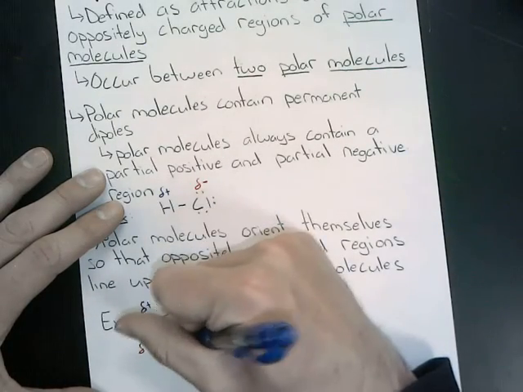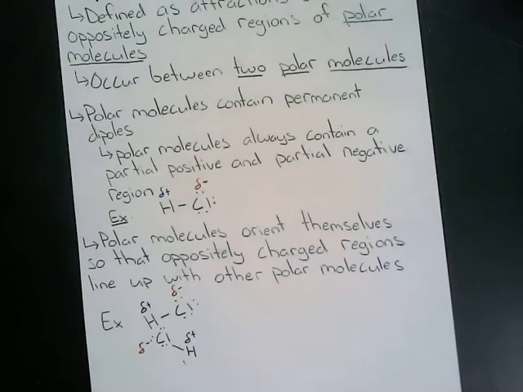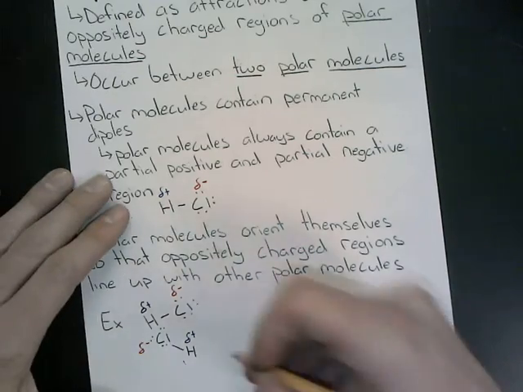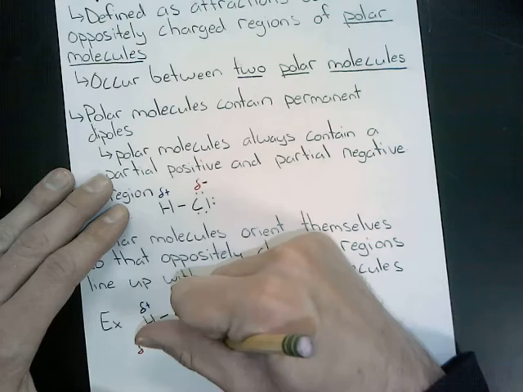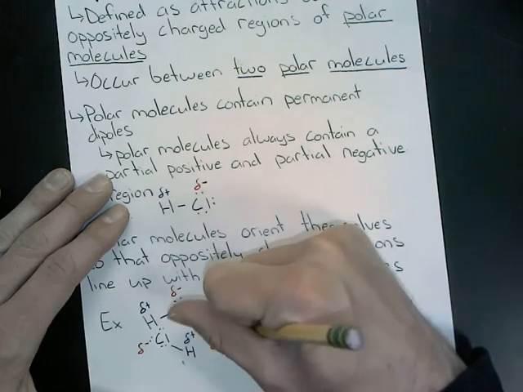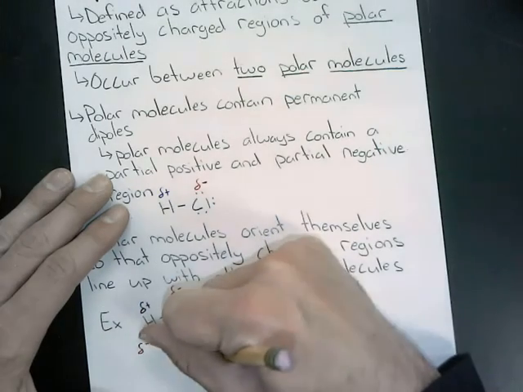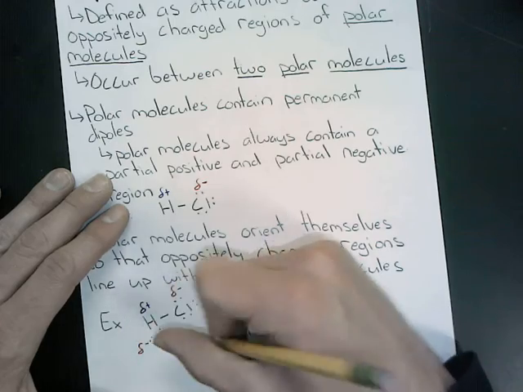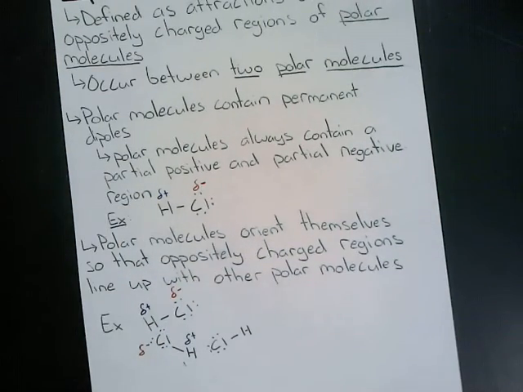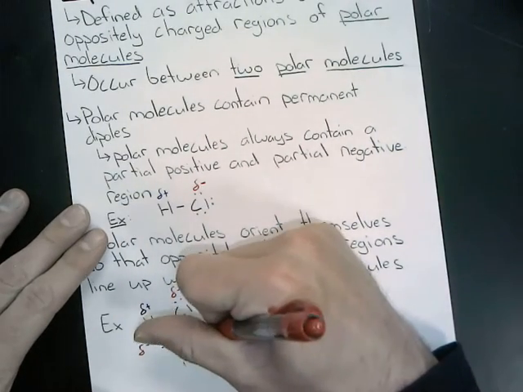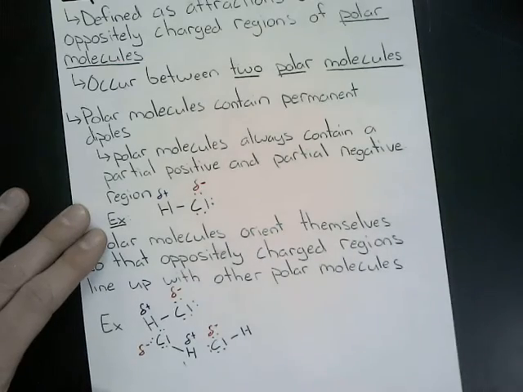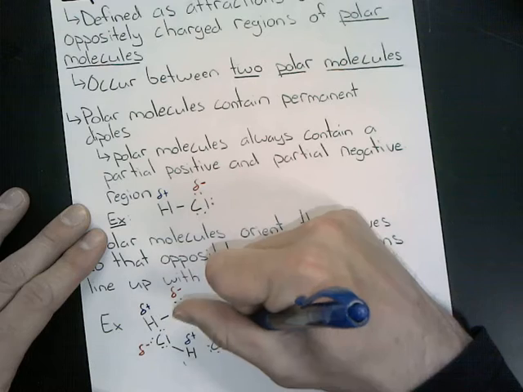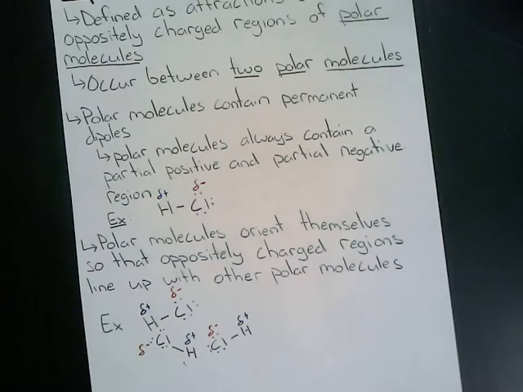Okay, so if we were to connect another molecule here, we would again have the Cl line up with the H, and that is because these partial negative charges would be attracted to the partial positive charges of the hydrogen.